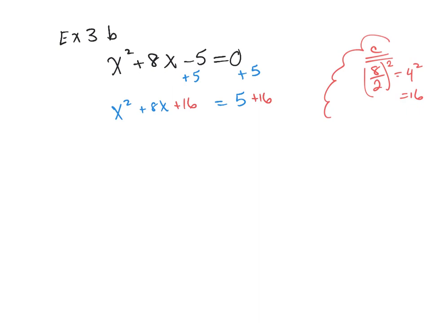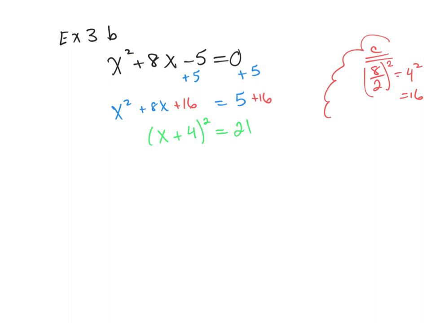So if you don't believe me, you can still go through the factoring process, but this is going to be x, and since your middle term was positive, it's going to be plus, and you also know before you squared it, it was also a positive 4. So x plus 4, the whole thing squared, because it's x plus 4 times x plus 4, equals 21.